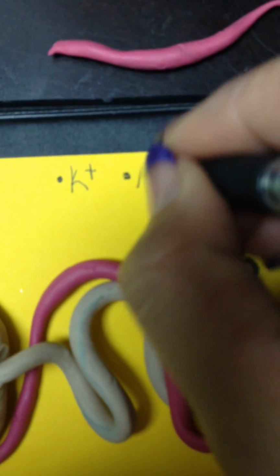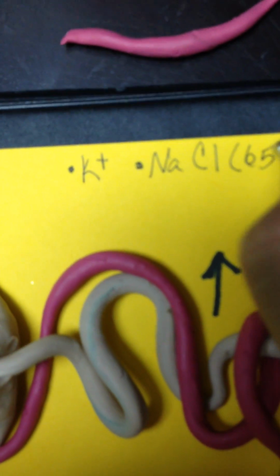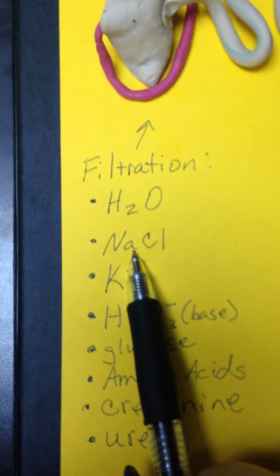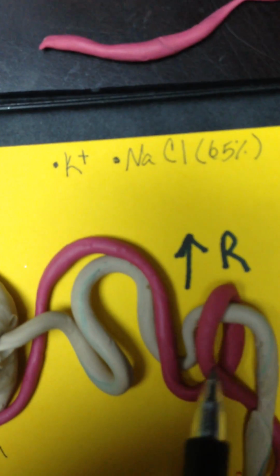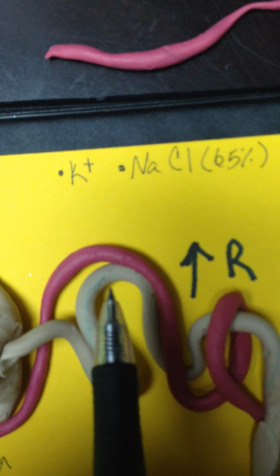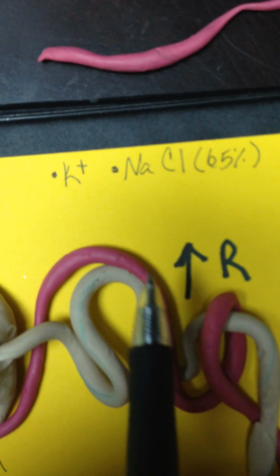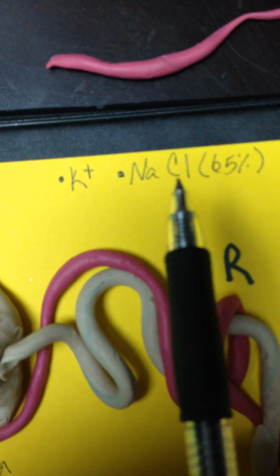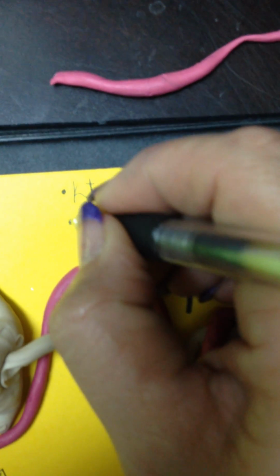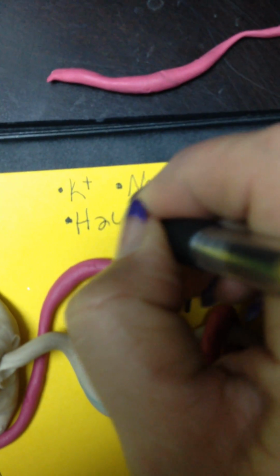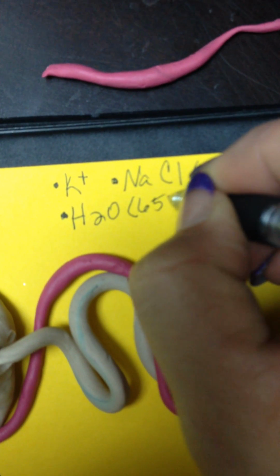The majority of the salt or sodium chloride that we removed down here when we filtrated everything out, we're going to take in the majority of it right here at the proximal convoluted tubules. The peritubular capillaries that are wrapped around the proximal, we're going to take in a bunch of salt. We're also going to take in the majority of the water here.